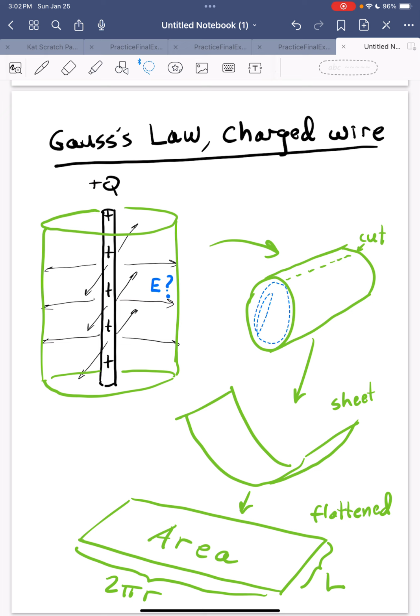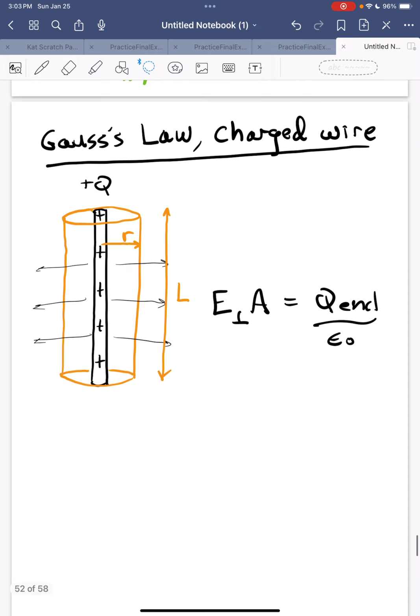If we're a distance r away from the axle, if you will, then the circumference of a circle that has a radius r is just 2 pi r. So the basic dimensions of this thing are 2 pi r times L. That's going to be our total area. So that allows us to calculate the surface area of the Gaussian surface that we put around this charged wire. So let's go to Gauss's law.